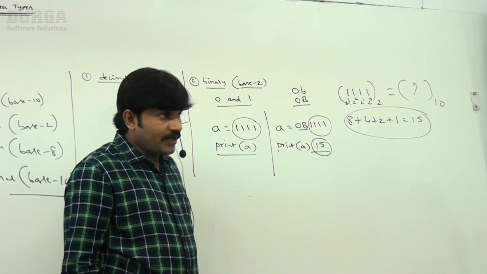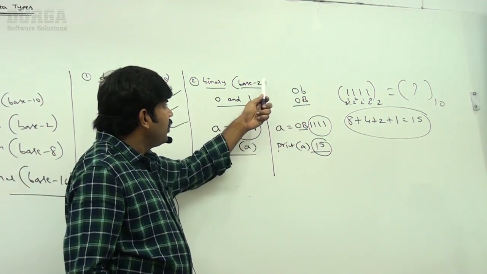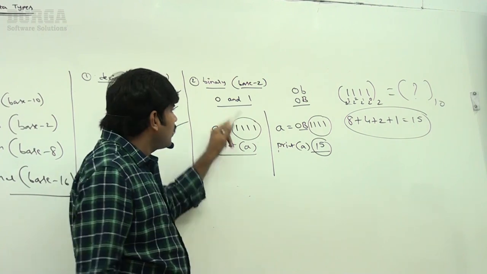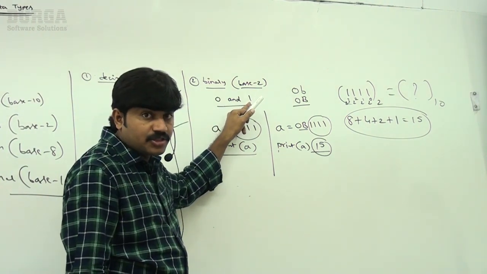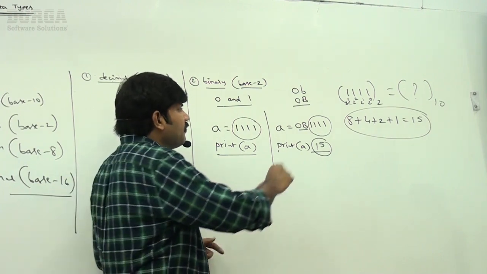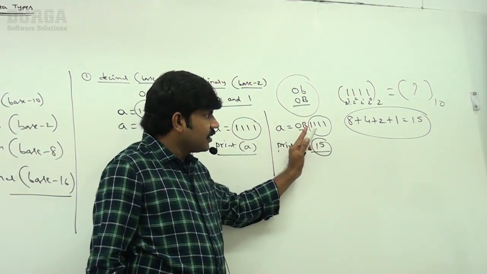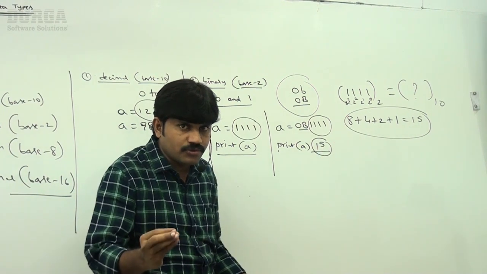Clear about the binary number system? In binary, base 2, allowed digits are 0 and 1. Remember that. Next, the literal value compulsorily should be prefixed with either 0b or 0B. That's all you should be aware of.